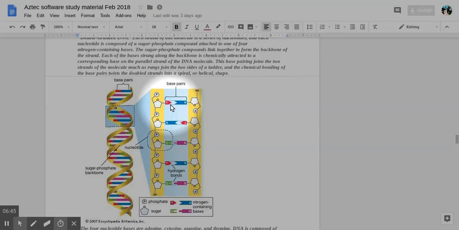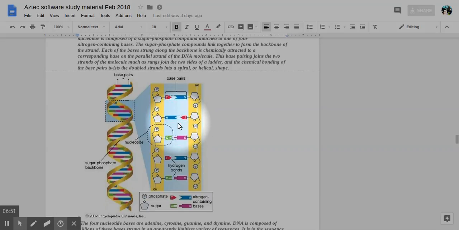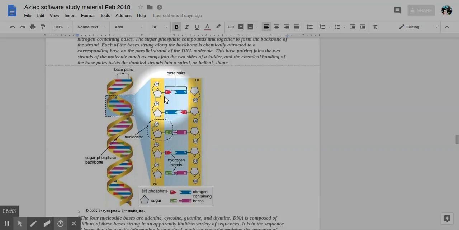So the base pairs join the different nucleotides, and the nucleotides are a sugar and a phosphate, while the base pairs are nitrogen containing bases.